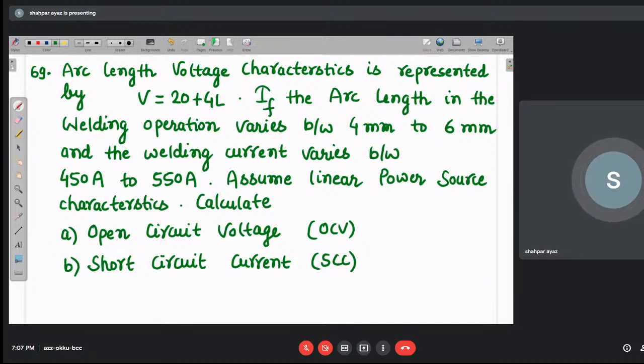Here in this problem, we need to find out the open circuit voltage and the short circuit current.